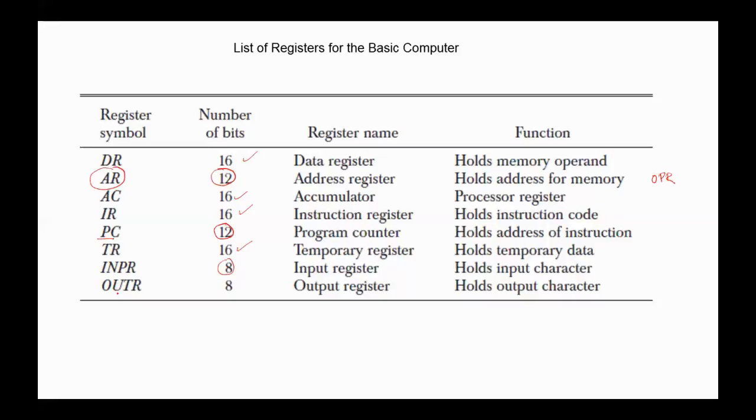Input and output registers hold the input or output character, and they have the size of 1 byte. These are the registers used in the basic computer, in addition to the memory of size 4 kilo locations, which is 4096 locations. I will stop here today.